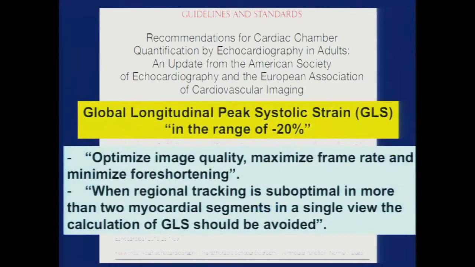Well, global longitudinal peak systolic strain in the range of minus 20% for the left ventricle, same as Dr. Rutsky just said for the right ventricle of minus 20%, would be considered normal. You want to optimize image quality, so maximize frame rate and minimize foreshortening. And when regional tracking is suboptimal in more than 2 segments in a single view, the calculation should be avoided. So if you can't see 2 segments, this suggests that it should be avoided.